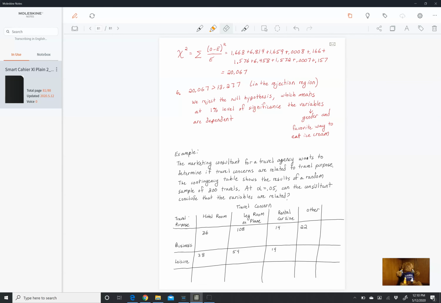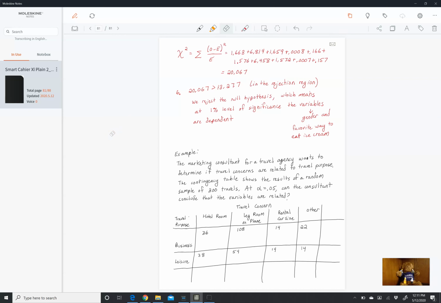So in other words, people who are going away on leisure, their biggest travel concern is rental car size. And other. Okay. Now remember, we have to calculate the totals. Sometimes those are given to us. I'm not giving it to you here because I want you to learn how to calculate it.